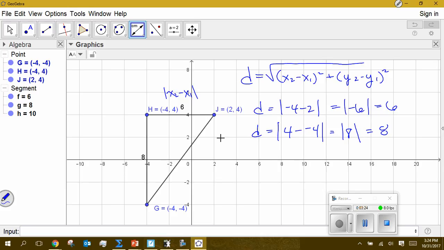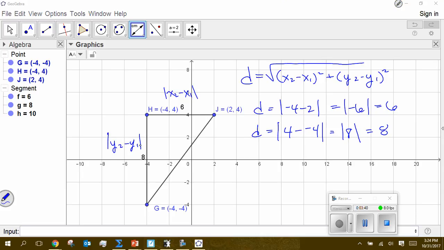Now we want to find G to J. Because it's not a vertical or horizontal line, you can't just use y2 minus y1 for the distance between J and G, and we can't just use the absolute value of the x difference for the horizontal aspect of that segment.